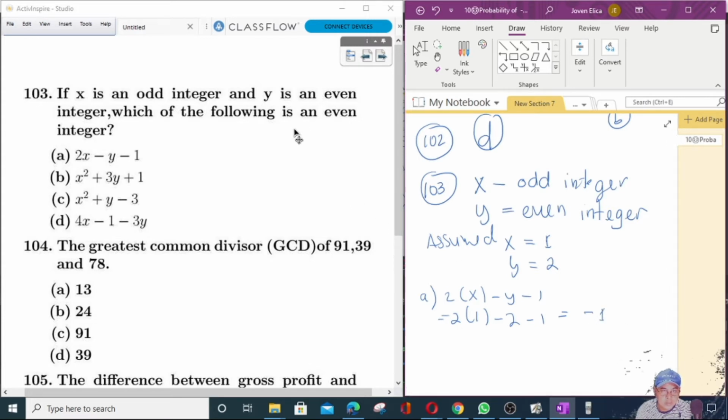But the question is which of the following is even. Negative 1 is not even, so letter A is not the answer.